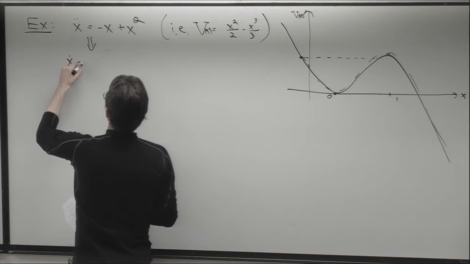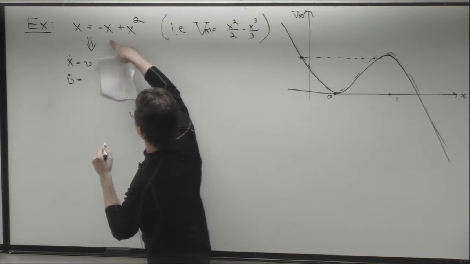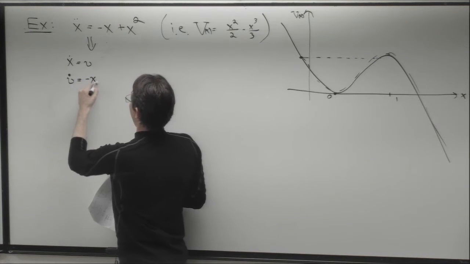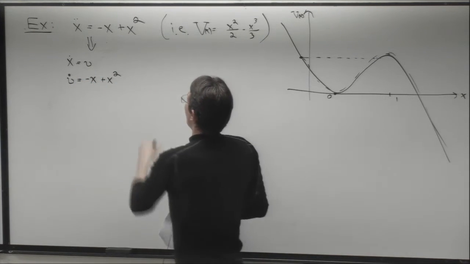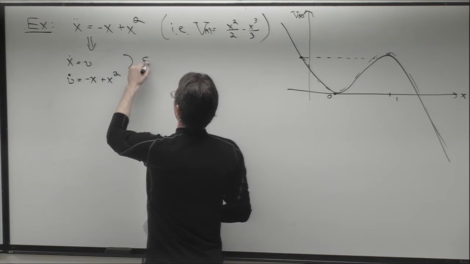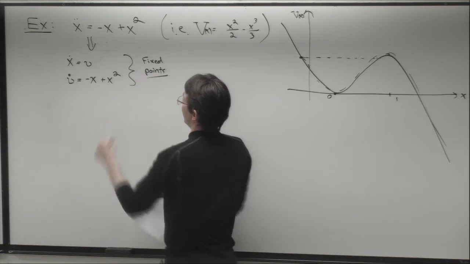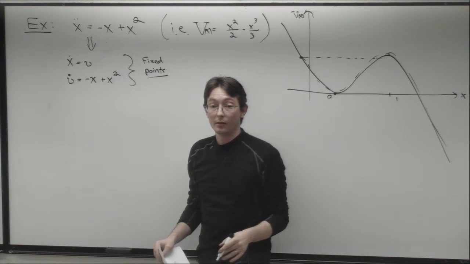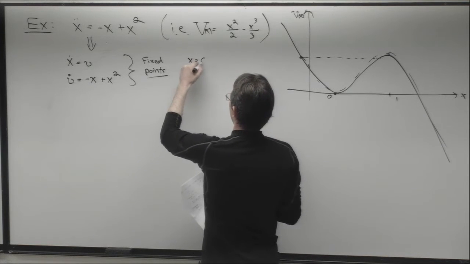So I have x dot equals v, my little velocity, and v dot is minus x plus x squared. It's fine. So what are my fixed points? What are my fixed points where this is equal to 0? Okay, so x is equal to 0 and 1.